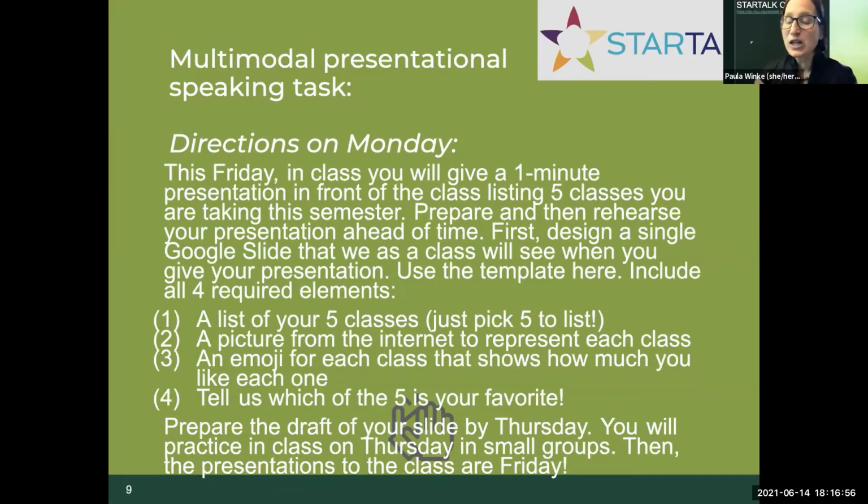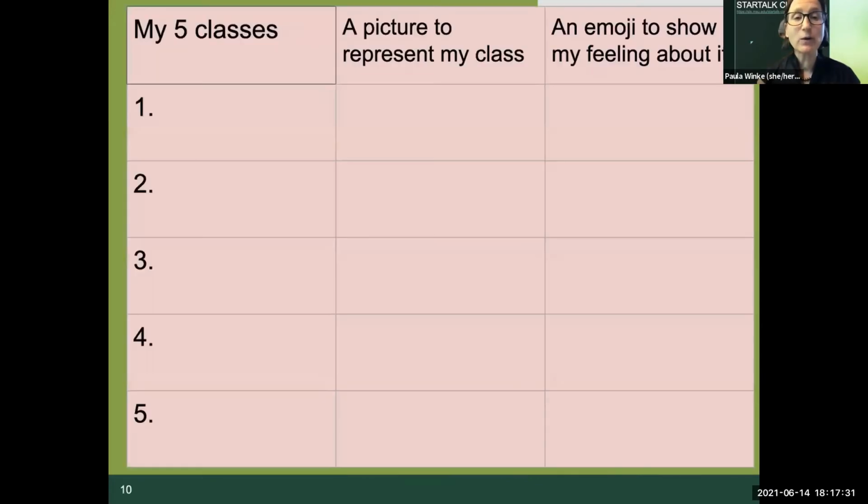So making a very closed task that they have to fill out is a great way to get them to build a schema that they can use to base their presentation on. So this is an example where a teacher gives a student a PowerPoint template to fill out. They're supposed to give a list of their 5 classes and then also build in pictures from the internet and emojis. And then for the presentation, they will actually stand up for a minute or less and tell the classmates what their courses are and what their favorite one is.